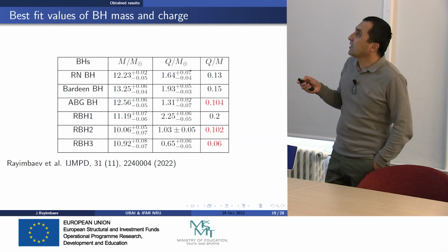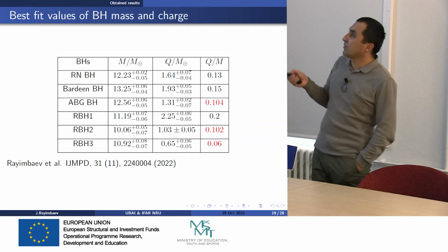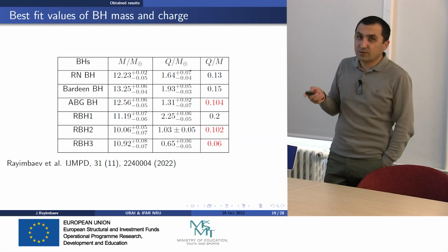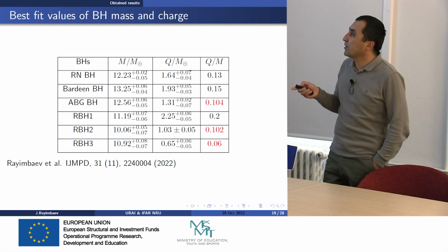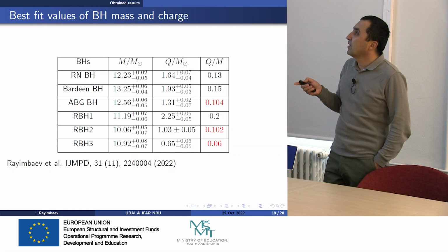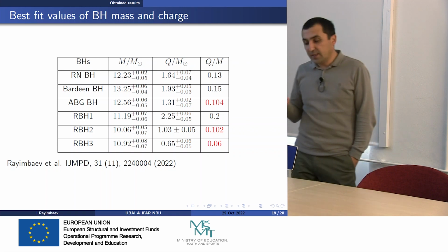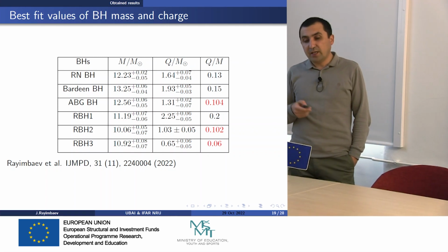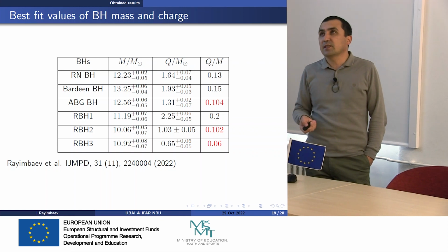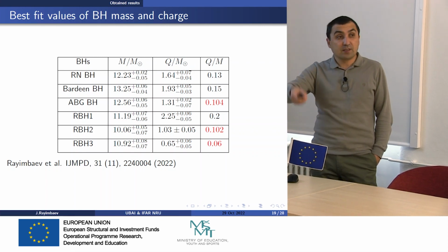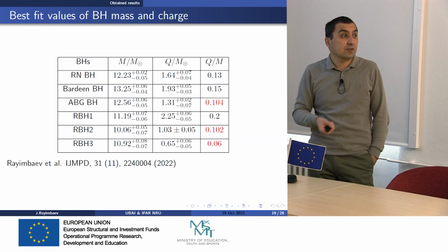Actually, these values are obtained, and I remark on these models in red, which are very small, close to 0.1. Astrophysical black holes cannot have this large amount of charge.